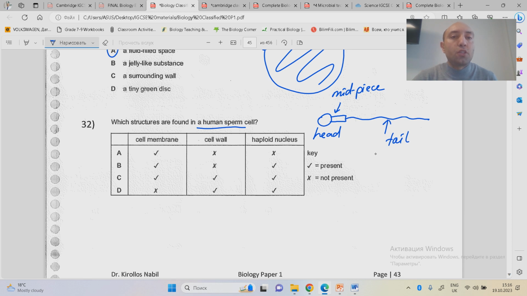The tail is a flagellum. The middle piece contains many mitochondria. In the head we have a nucleus and an acrosome. The cell membrane of course will be present. A cell wall is not, because humans are animals and animals don't have a cell wall. A haploid nucleus will be present. So the answer is B.